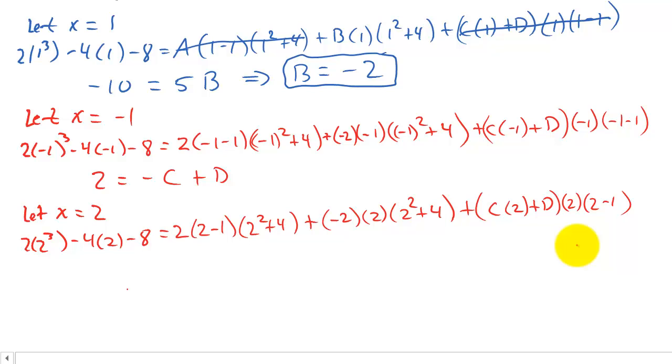And then once I do my arithmetic here, I get 8 equals 2C plus D.